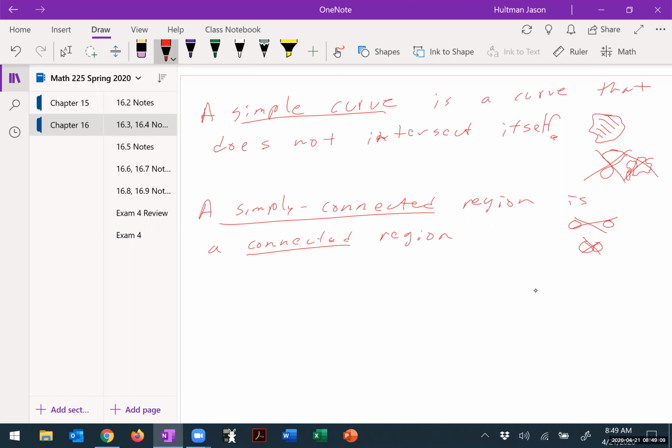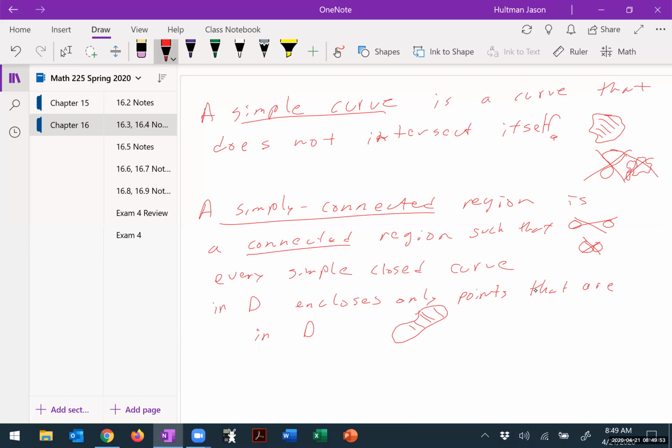This is a connected region such that every simple closed curve in D encloses only points that are in D. So what does this mean?